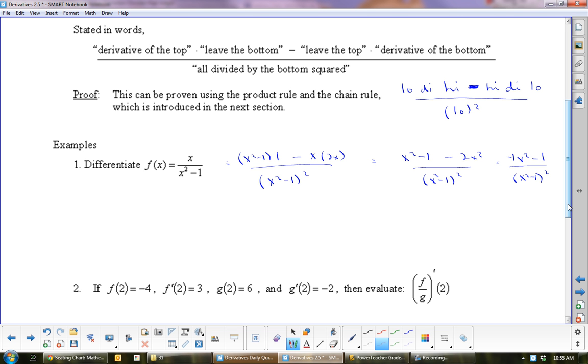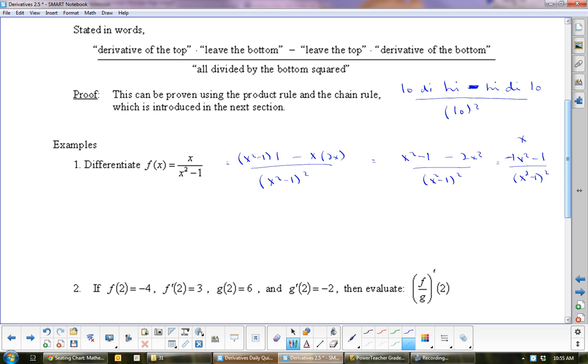But I don't have an x squared minus 1 up top. I have a negative x squared minus 1. Because this is a negative x squared.